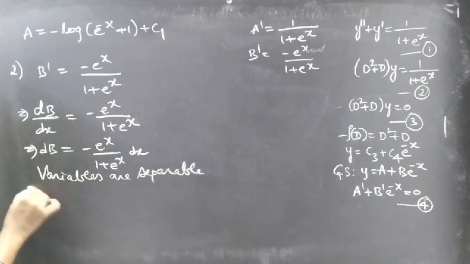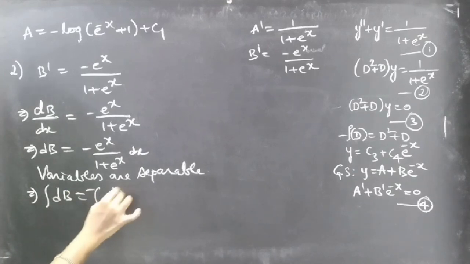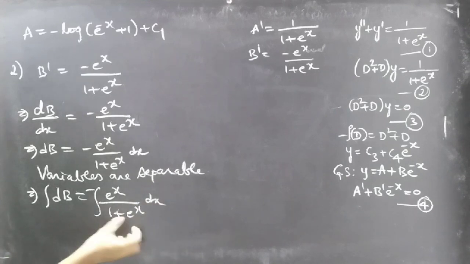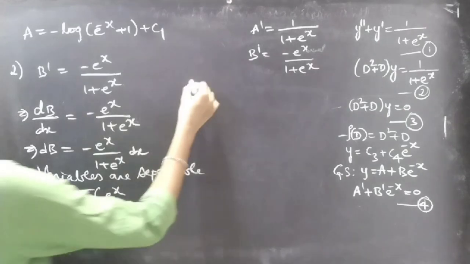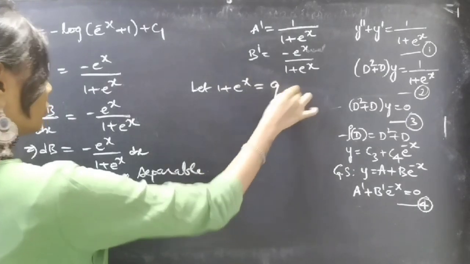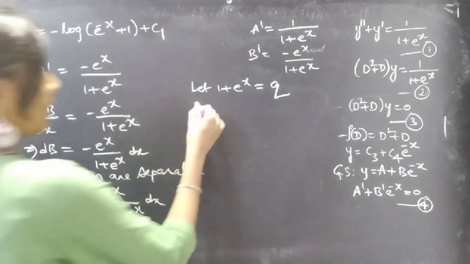So apply integration. We get integral db equals minus integral e power x by 1 plus e power x into dx. Let 1 plus e power x be some q. Now differentiate on both sides with respect to x.